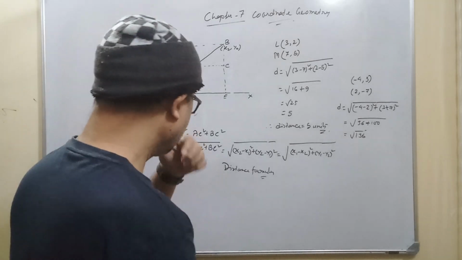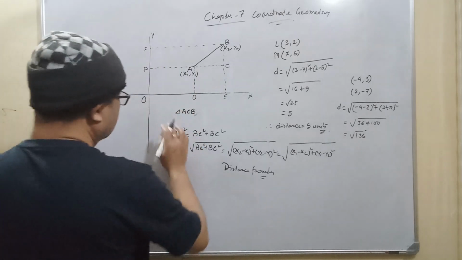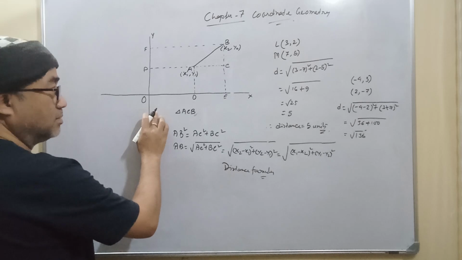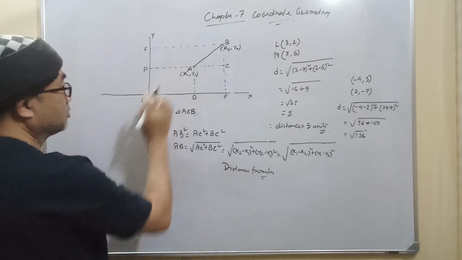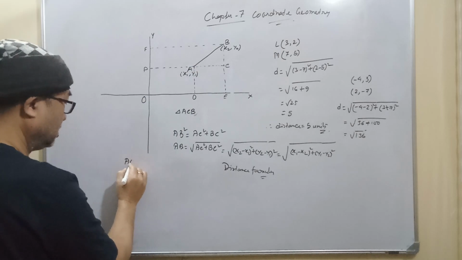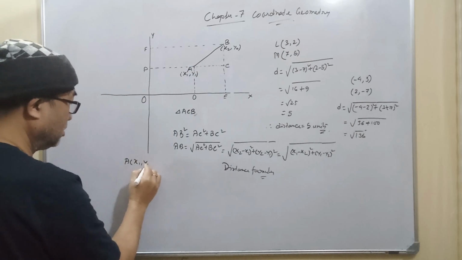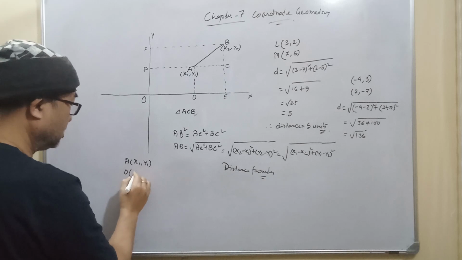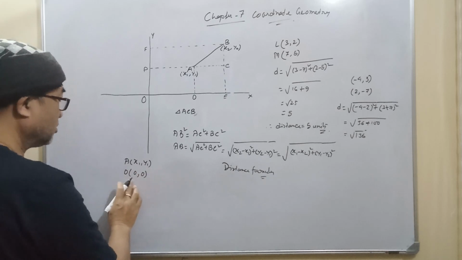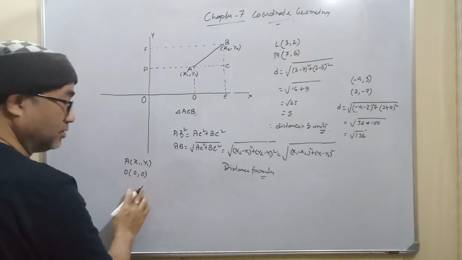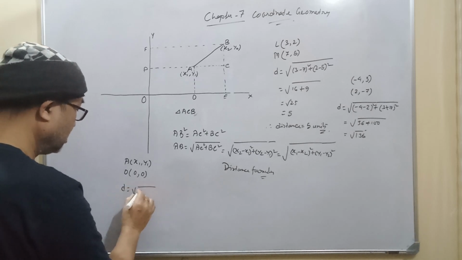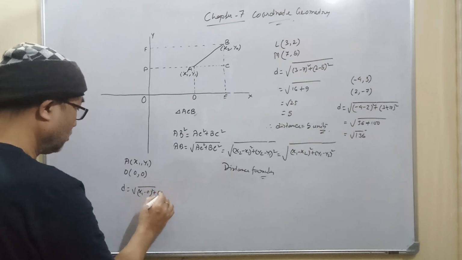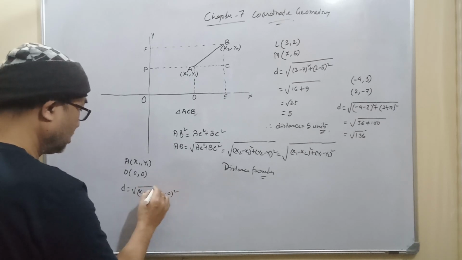And one more thing, the distance from the origin to any point. Suppose this is the point x1, y1, and this is the origin, denoted by 0, 0. So the distance is the square root of x1 minus 0 whole square plus y1 minus 0 whole square.